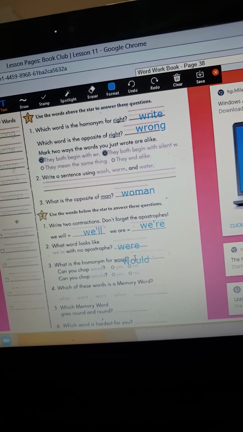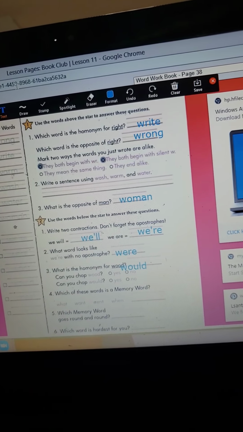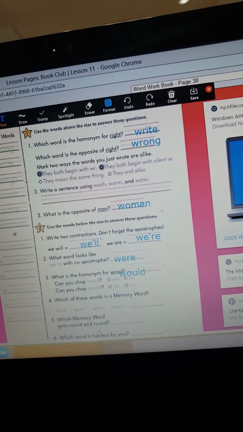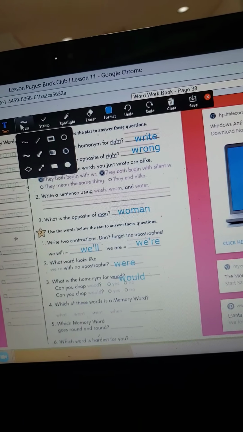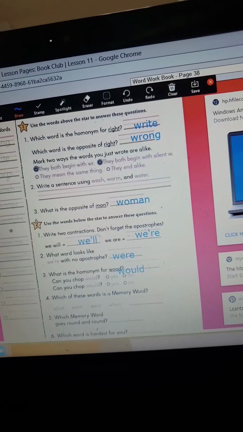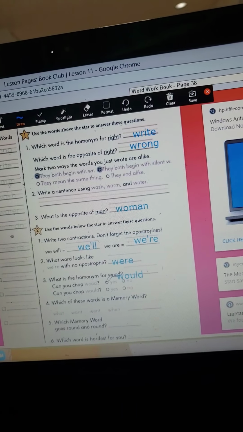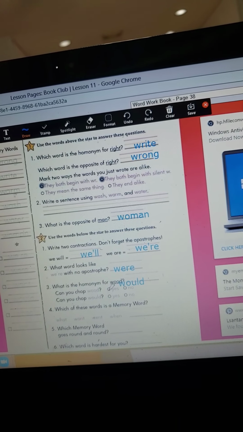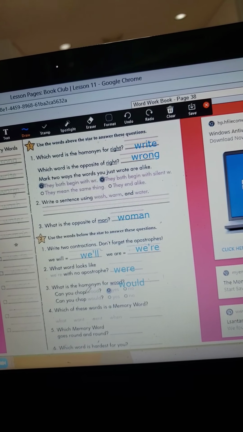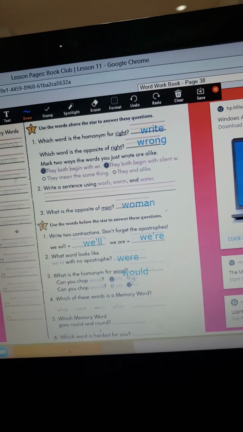So it's this wood. Can you chop wood? And the answer is yes. Of course you can chop wood. WOOD was that kind of wood. So chop wood is yes. Can you chop this kind of would? No, that means I would like to go. So that would be no.